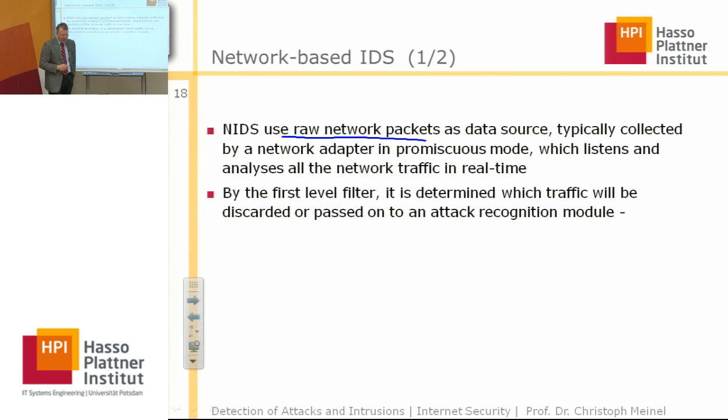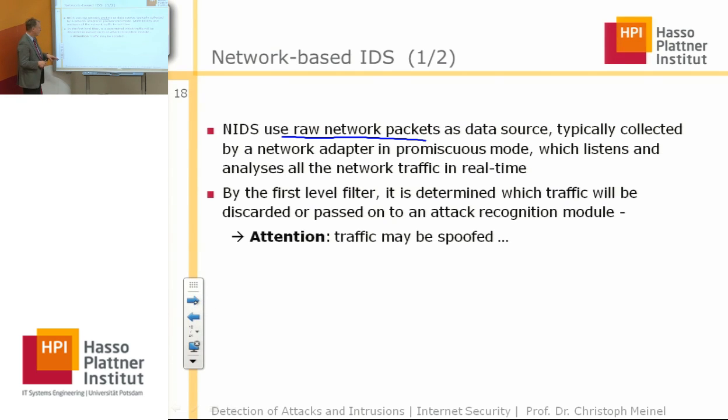Then, by means of a first-level filter, it is determined which traffic will be discarded because it is considered as usual, and which traffic is allowed to pass to an attack recognition module. So for the analysis, there is an attack recognition module, and this network adapter decides whether something looks dangerous and needs to be analyzed, or whether it is considered as usual traffic and can be discarded.